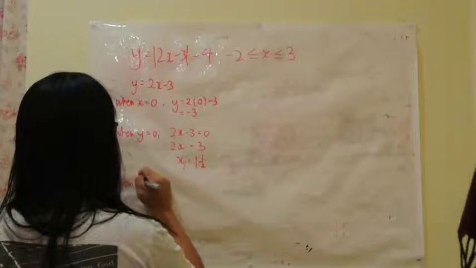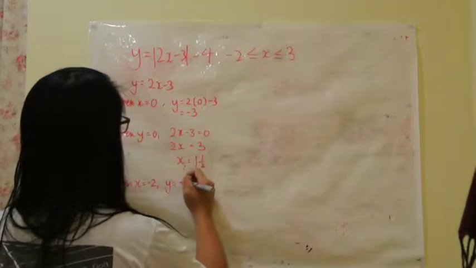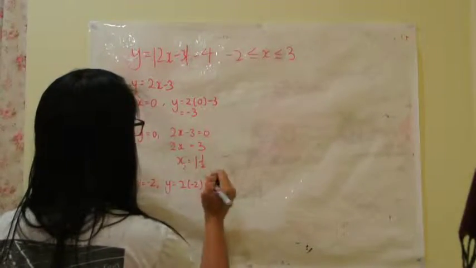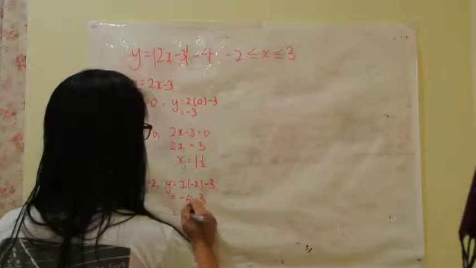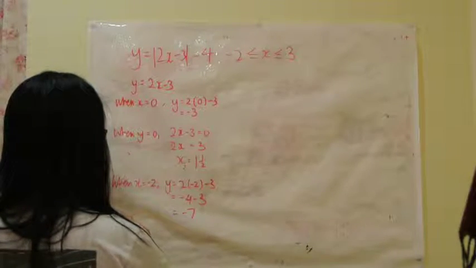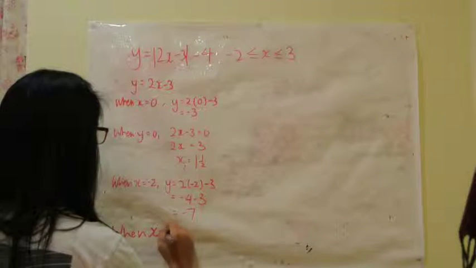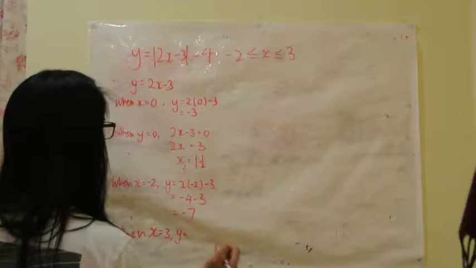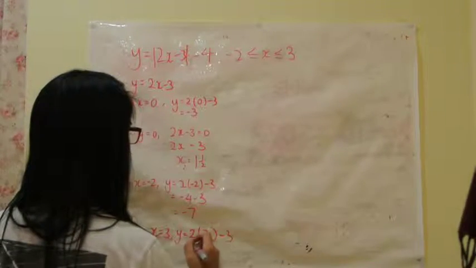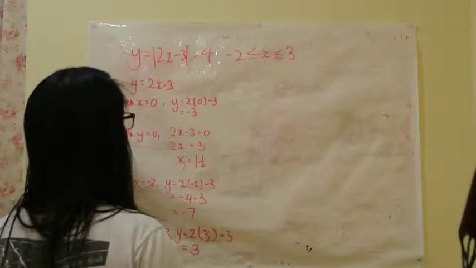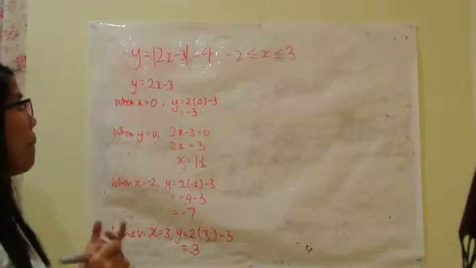When x is minus 2, y is 2 times minus 2 minus 3, which gives us minus 4 minus 3, which gives us minus 7. And lastly, when x is 3, y equals 2 times 3 minus 3, which gives us 3. Now that we have all these points, we want to plot them.